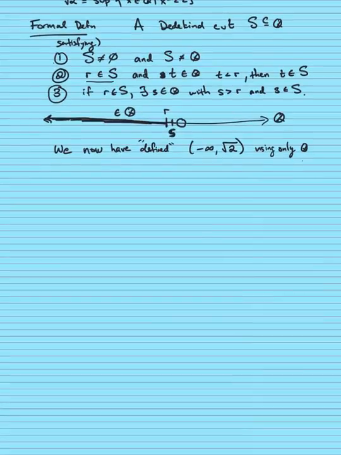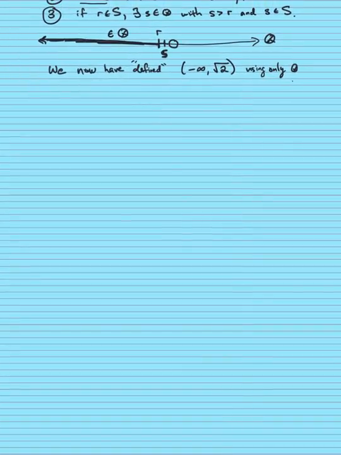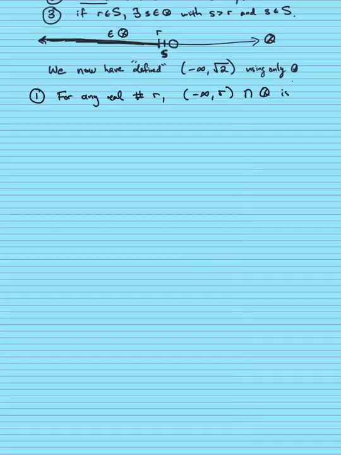Okay, so let me give you some examples of what subsets of the rationals are Dedekind cuts. Okay, so the first is, for any real number R, the set negative infinity to R intersect Q is a Dedekind cut.